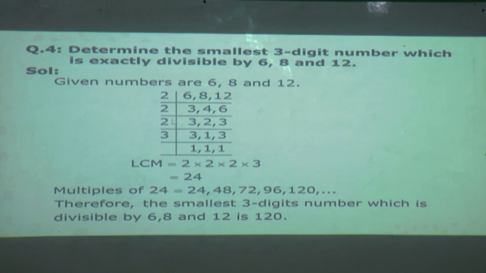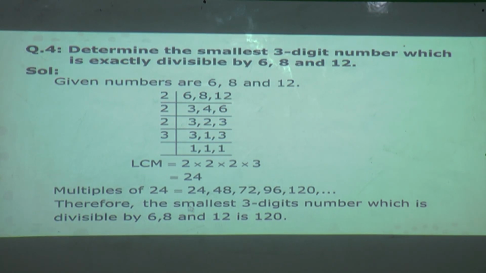So LCM of 6, 8 and 12 is 2 into 2 into 2 into 3. So 2 2s are 4, 4 2s are 8, 8 3s are 24. That is, multiples of 24: 24, 48, 72, 96, 120.